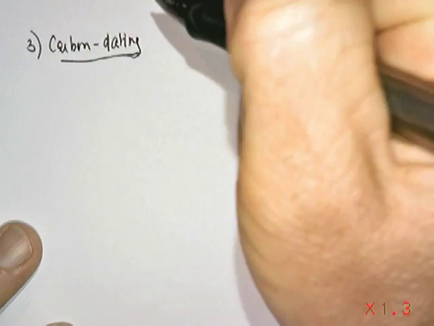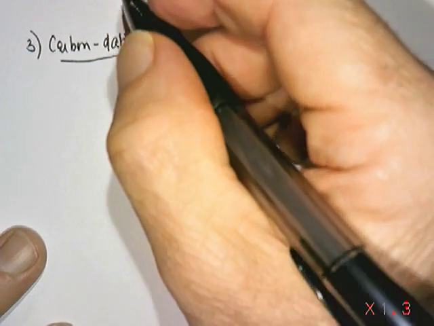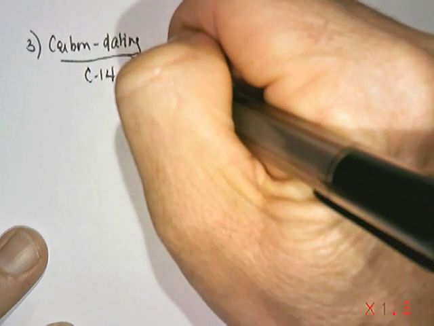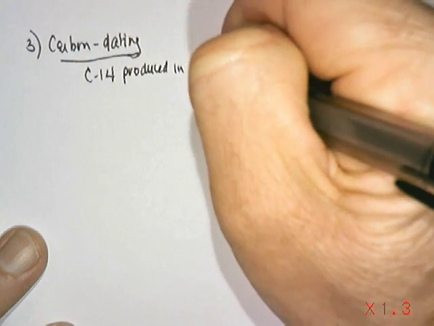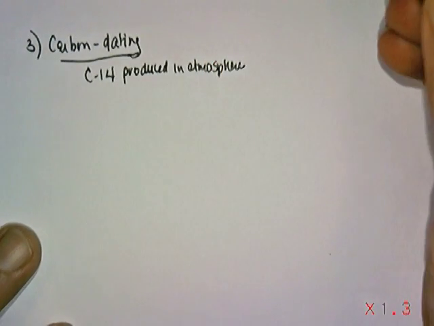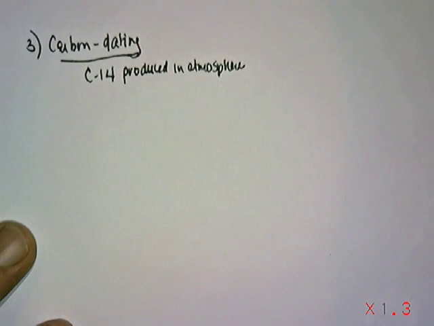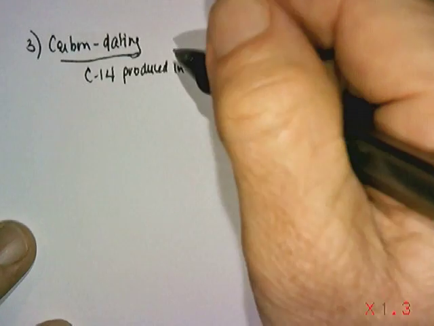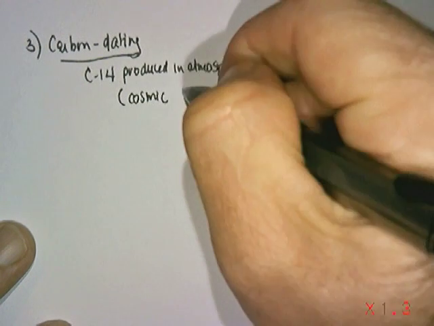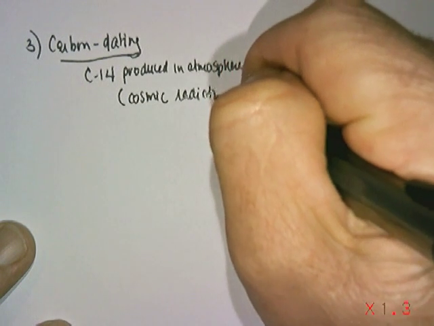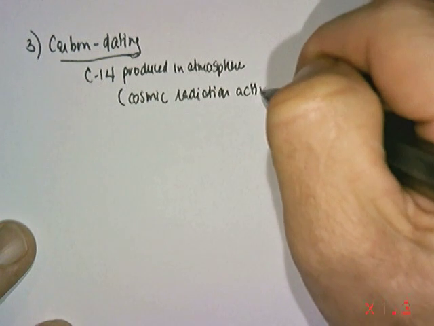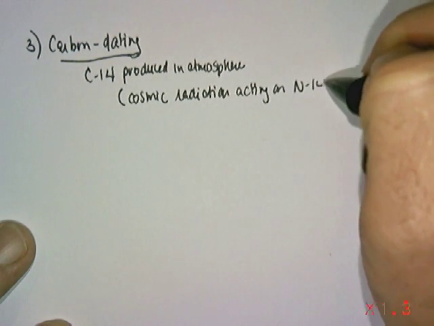So with carbon dating, it's understood that the radioisotope carbon-14 is produced in the atmosphere, and it's readily occurring. It's produced by cosmic radiation coming from the outer atmosphere, the sun for example, acting on nitrogen-14.